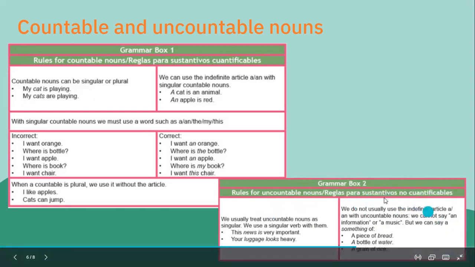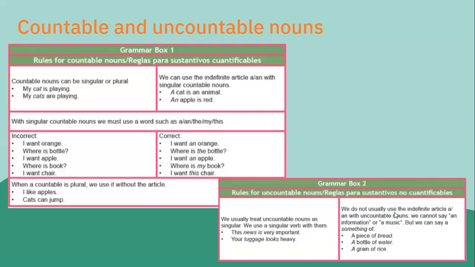We cannot say an information or a music, but we can say a something of. O sea, no podemos decir una información o una música, pero podemos decir algo sobre ello. O sea, una pieza de pan, una botella de agua, un grano de arroz, etc.